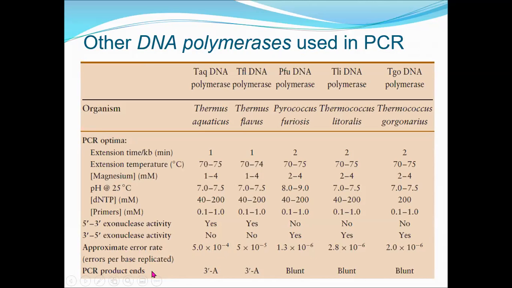And the PCR product ends for Taq and Tfl are the 3' A. What Taq does is, after the PCR is over, an extra A is added at the 3' overhang.